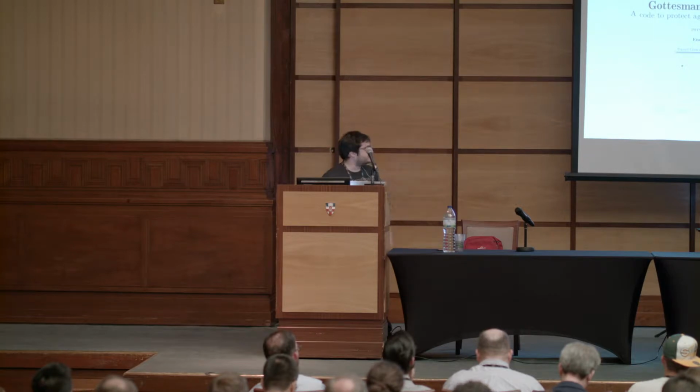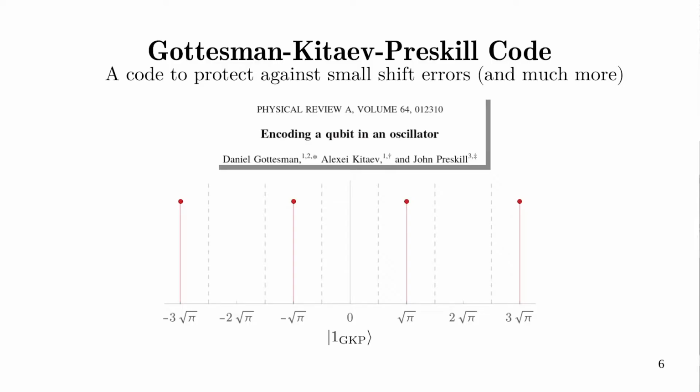This is the wave function for our 0 state. This is the wave function for our 1 state. And if we want to encode a qubit, we do so by changing the relative amplitude of these two infinite Dirac combs. Now, suppose we want to perform qubit readout off of this wave function. We just perform a homodyne measurement, and we have a look at where our quadrature ends up being measured.